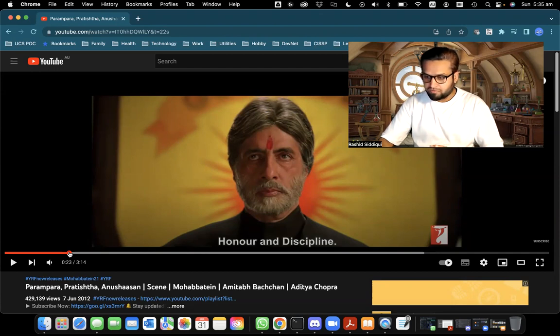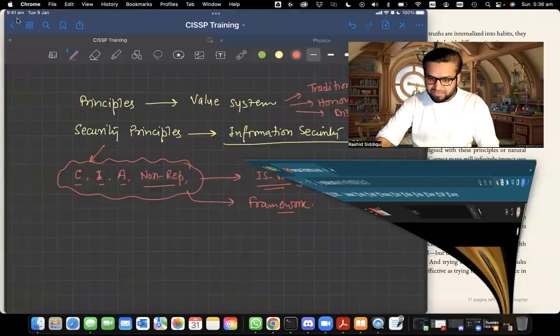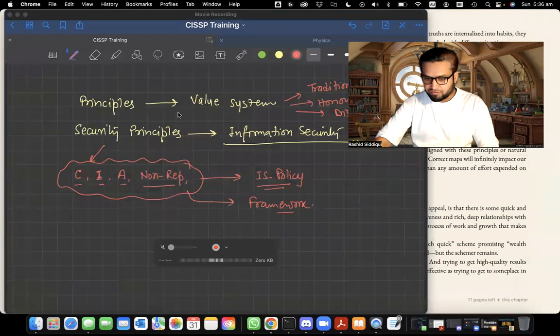So they actually did this mutation and evolution of the word to hide the ulterior motive they have behind this nationalism or patriotism. Let's not go in that direction, but the point I'm saying here is there is a definite subtle difference between principle and value system, and they are related.